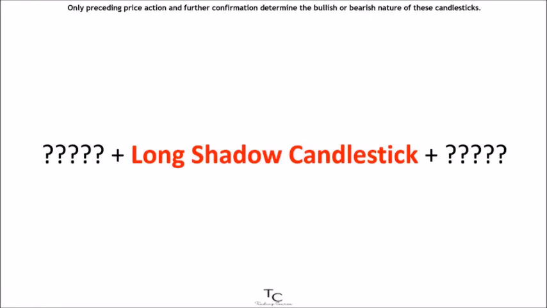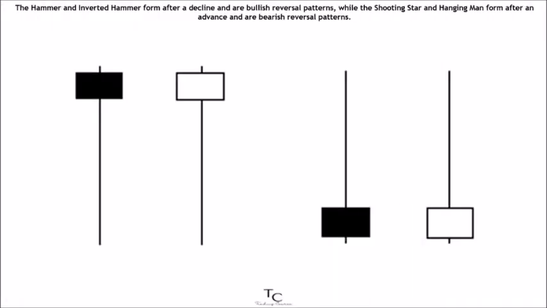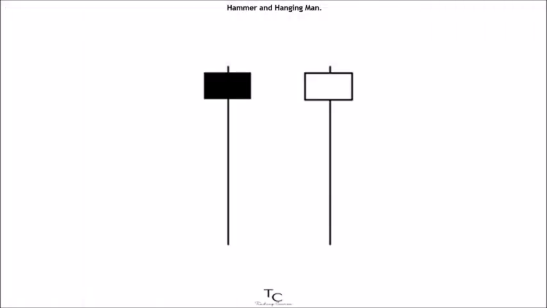Only preceding price action and further confirmation determine the bullish or bearish nature of these candlesticks. The hammer and inverted hammer form after a decline and are bullish reversal patterns, while the shooting star and hanging man form after an advance and are bearish reversal patterns.